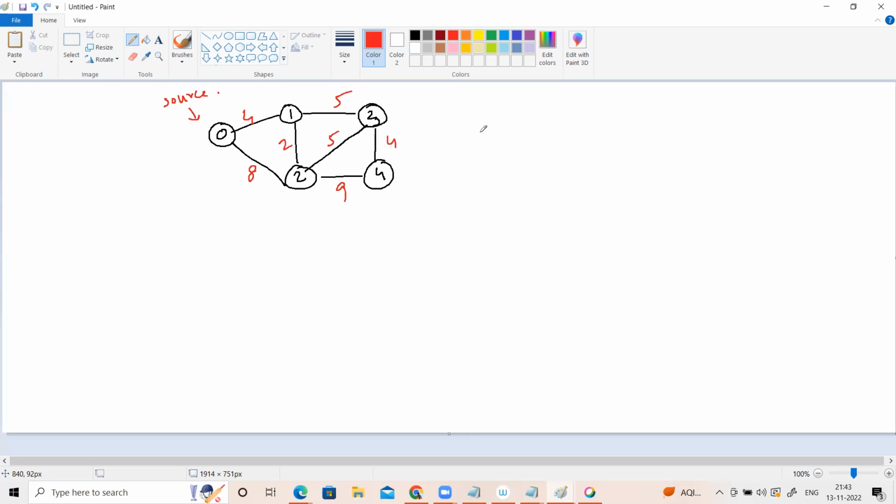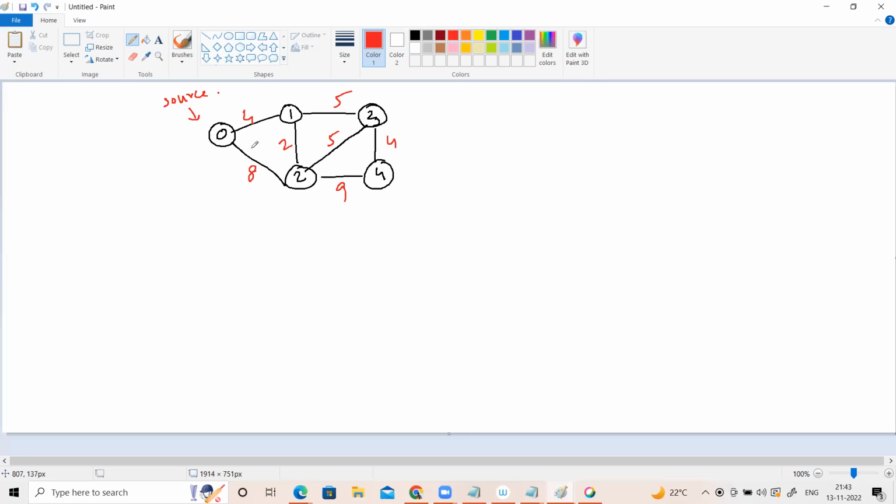So our target is to visit every node, and whenever we visit a node, we will be calculating the distance. Every node has its distance from another node. Suppose the source node is this one, our vertex.